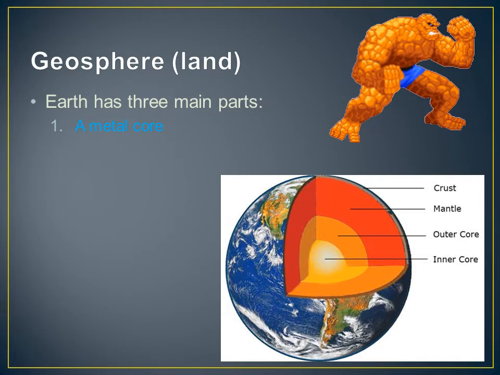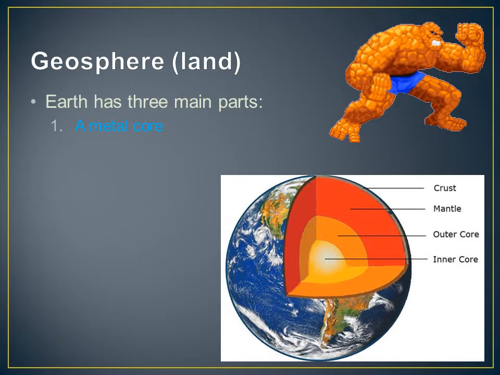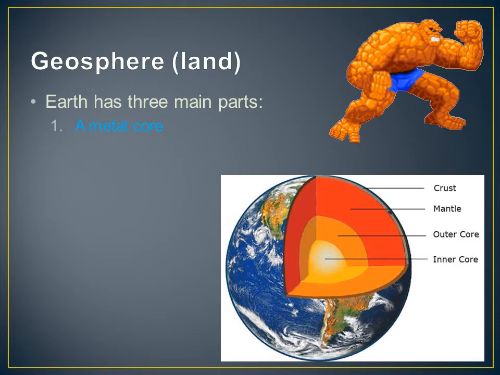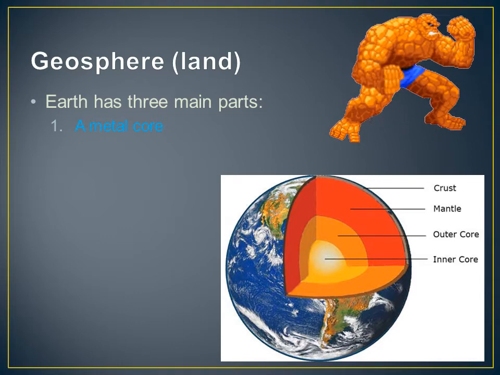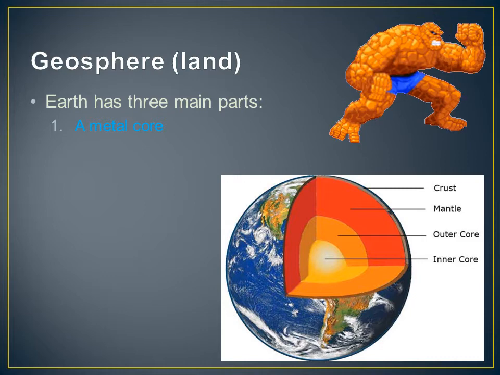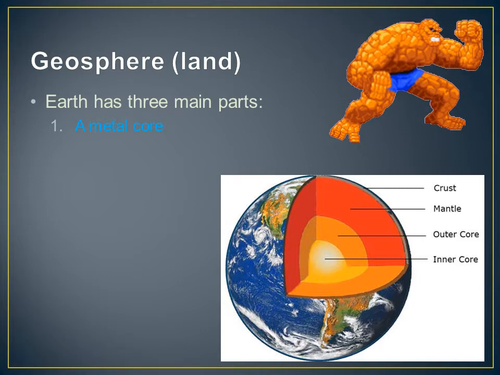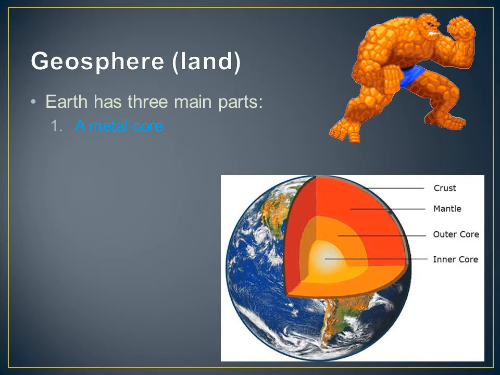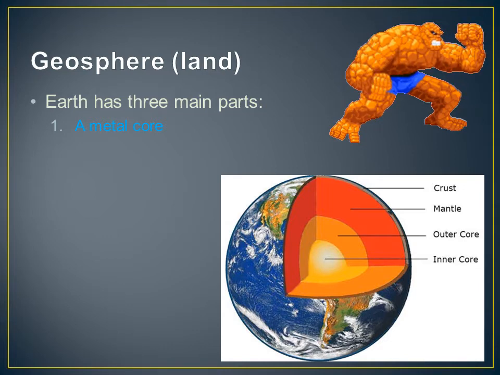So you see that picture there outlining the different parts of the Earth. In that middle, that light orange piece is the core. You see there's an inner core and an outer core. As we'll learn in the next several units, that is primarily made up of metals.